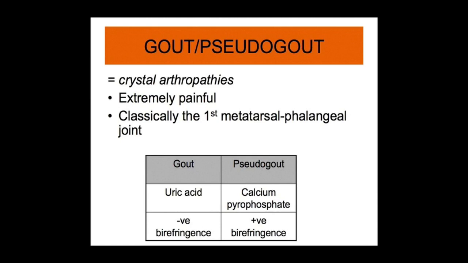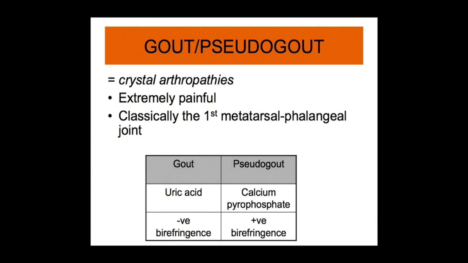And there's a very famous picture where there appears to be a kind of beast biting into the first metatarsal joint. So this gave the name of gout, it used to be devil's grip, because of its pain. Now, gout and pseudogout are due to the deposition of previously soluble substances into the joint space.